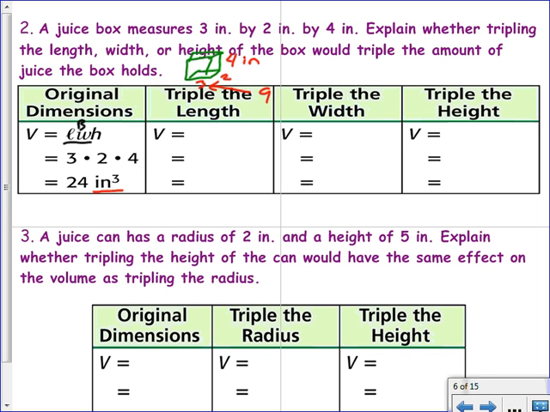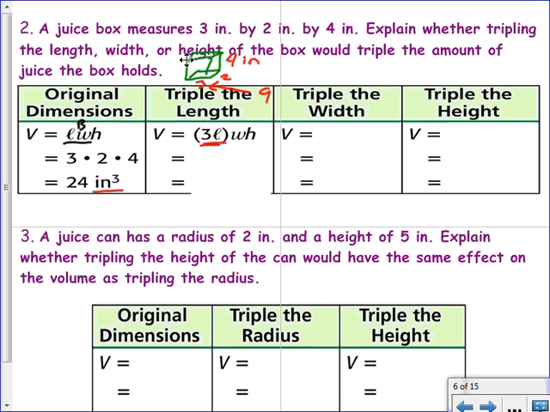Now what we want to do is, what would the volume be if instead of using the original measurements, I kept the 2 and the 4 the same, but I tripled the length, I made it 9? And now our formula for volume looks a little bit differently. We are still going to multiply the 3 sides together, but width and height stay the same. However, the length is now 3 times the original length.